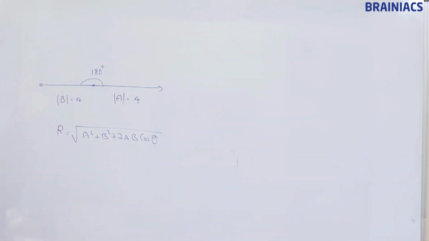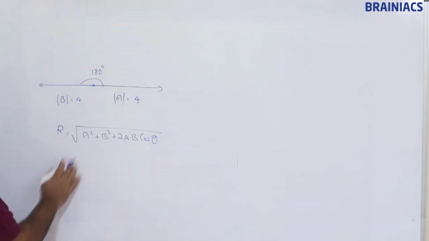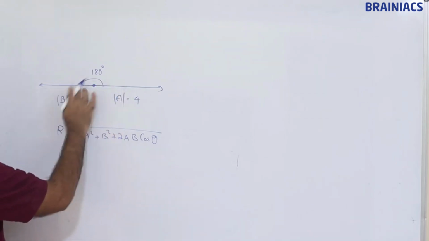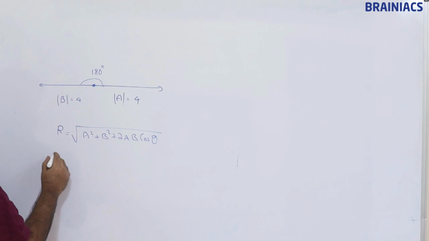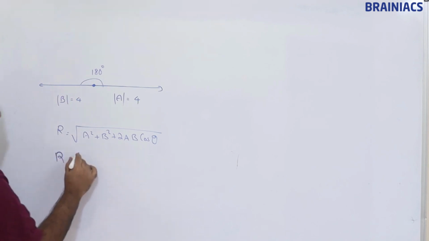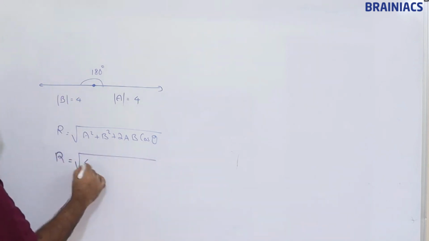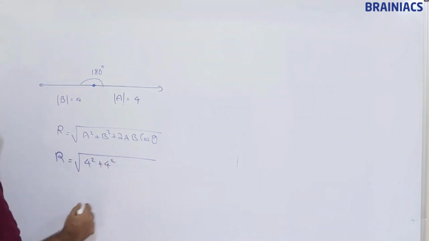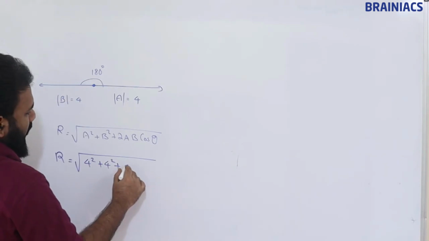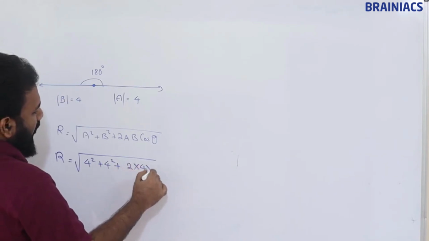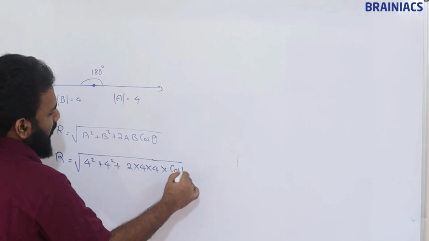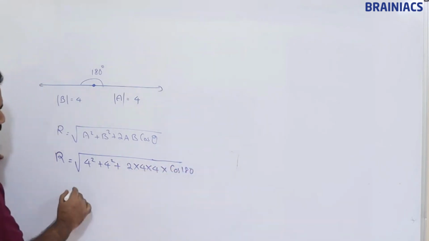Here theta is 180 degrees, so the resultant is root of 4 square plus 4 square plus 2 into 4 into 4 into cos 180.